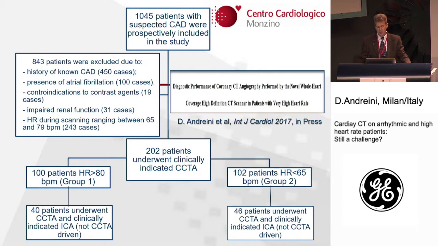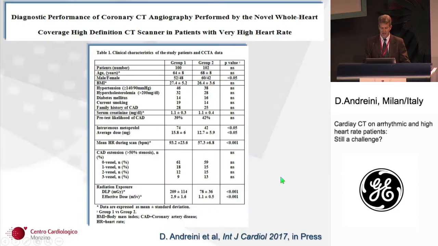But coming back to the Revolution CT, this paper from our group, recently accepted, evaluated 200 patients with a clinical indication for CT. We selected 100 patients with more than 80 BPM, so extremely high heart rate, comparing with a standard group of patients with less than 65.